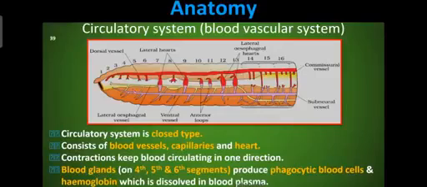Phagocytic means they eat the other cells which are unwanted, or any debris. So if any antigen, bacteria, or viruses are there, they will eat and kill them. So those are called phagocytic. Who produces these blood cells? Blood glands. Along with the blood cells, they also produce hemoglobin, which is dissolved in the blood plasma. Clear? So this is about the circulatory system of the earthworm.